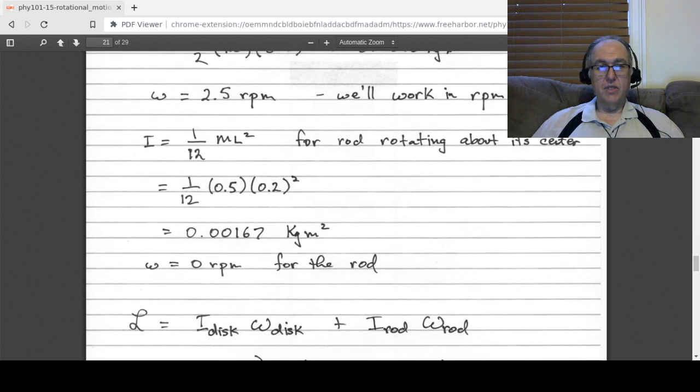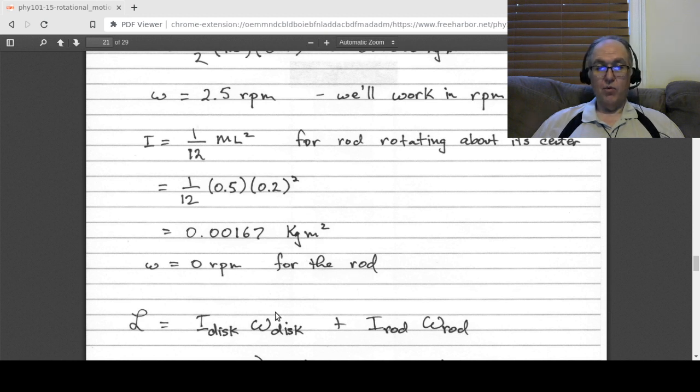Okay, so substitute in the numbers. M is 0.5, L is 0.2 because the rod has a length of 20 centimeters, and that's 0.2 meters, and that works out to a moment of inertia of 0.00167 kilogram meters squared.